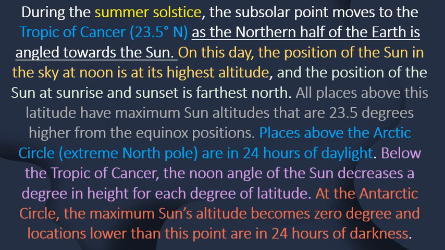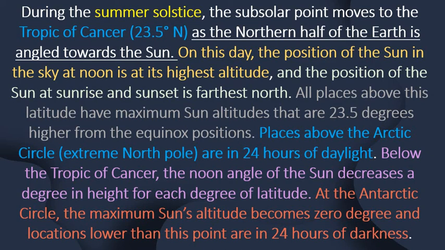And during the summer solstice, the subsolar point moves to the Tropic of Cancer, which is 23.5 degrees north, as the northern half of the Earth is angled towards the sun. On this day, the position of the sun in the sky at noon is at its highest altitude, and the position of the sun at sunrise and sunset is the farthest north.